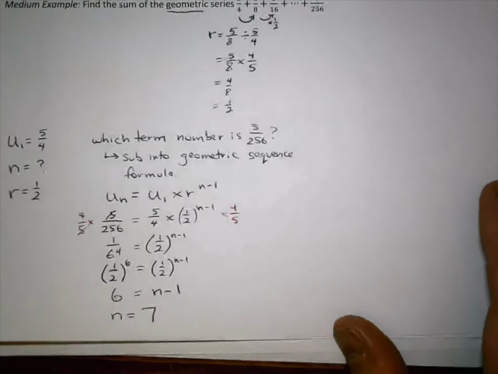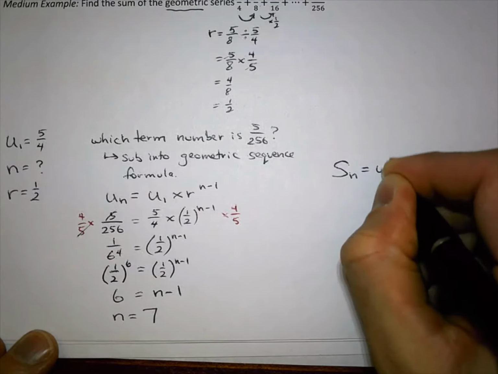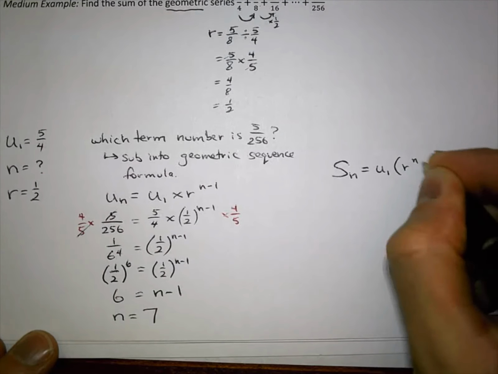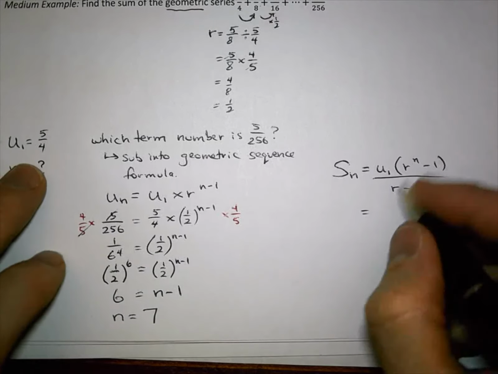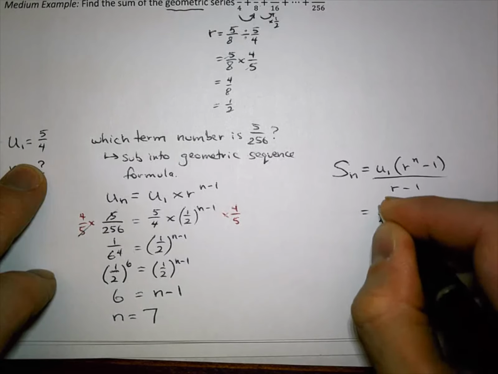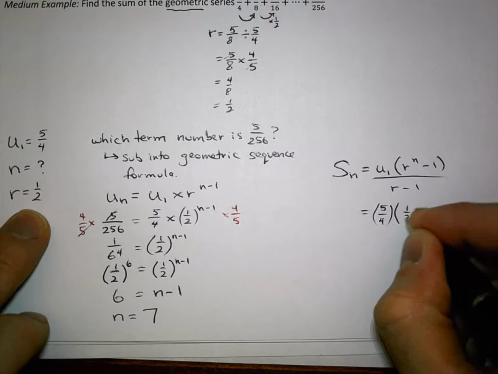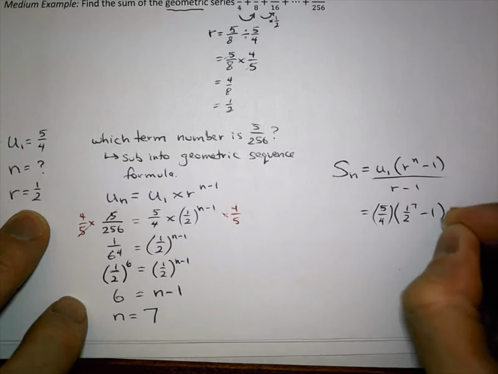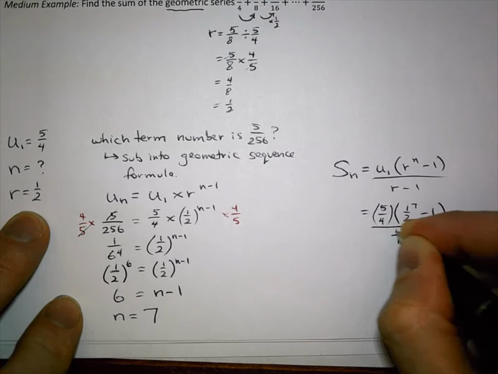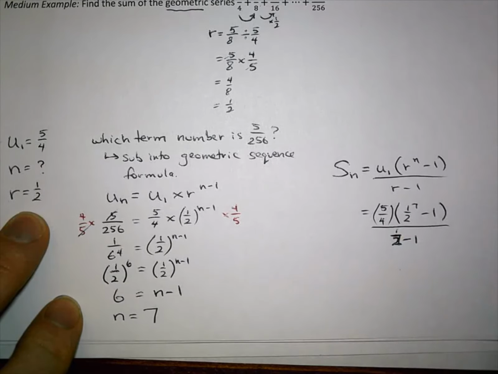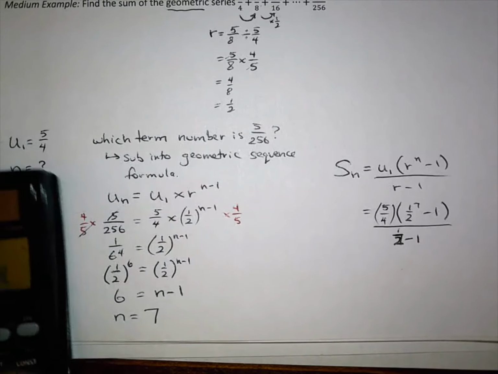So now I can use the formula for sum. S_n is equal to u1 times r to the power of n minus 1, over r minus 1. I have u sub 1, which is 5 over 4, times half to the power of 7 minus 1, over half minus 1. Okay, and I'm going to type that into my calculator.